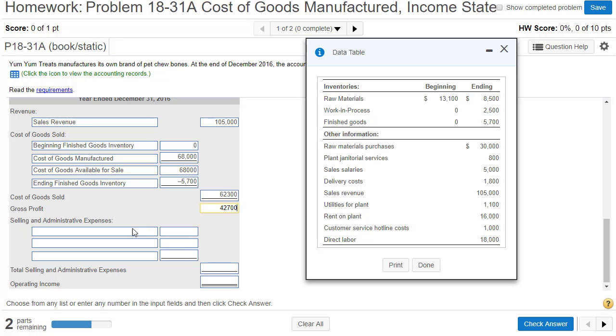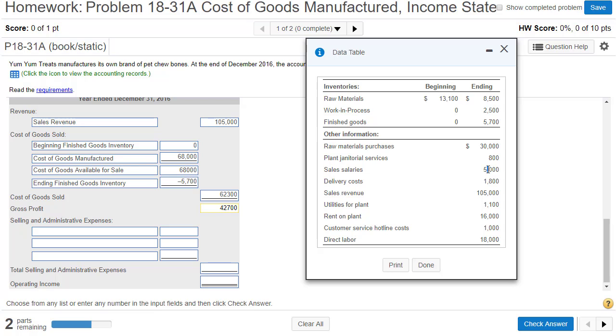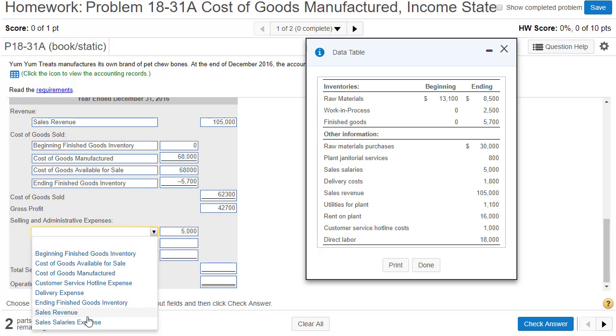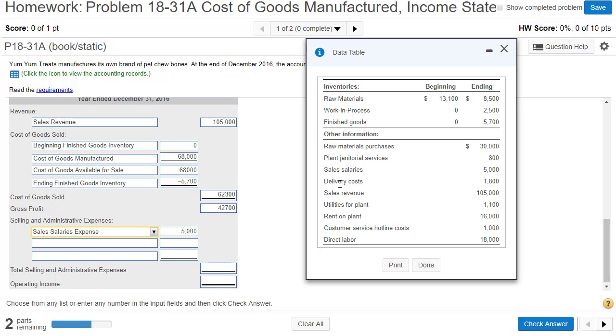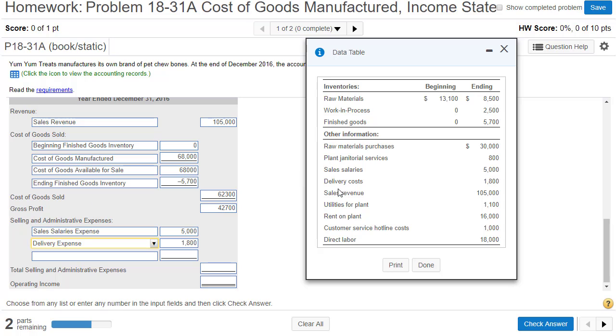And now we need to subtract our period costs, also known as selling and admin expenses. So let's go up here. Which ones of these are selling and admin? Well, the first one is the sales salaries, 5,000. Copy and paste, sales salaries expense. Then we have our delivery costs. That's definitely a selling expense, 1,800. And do we have any other?